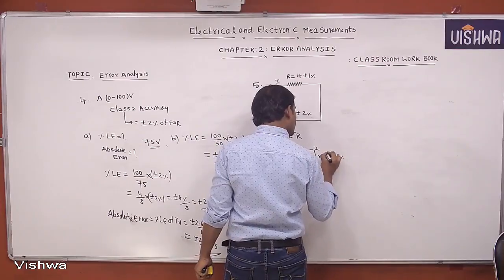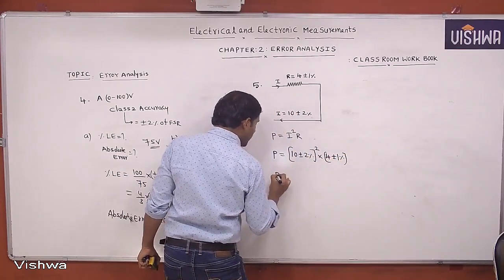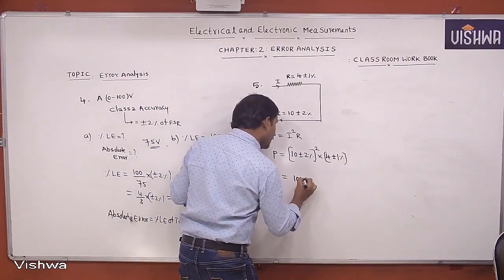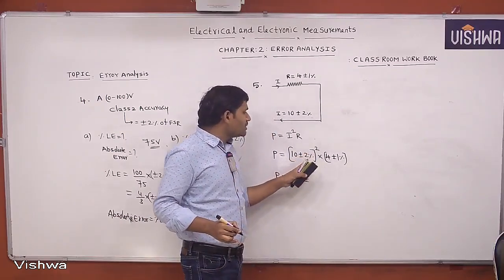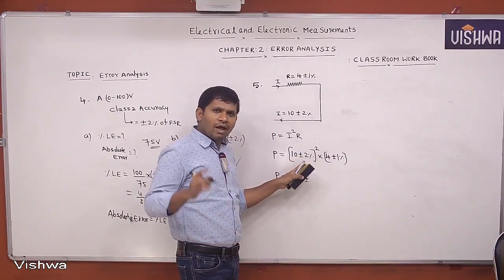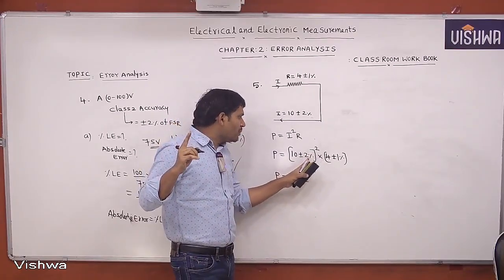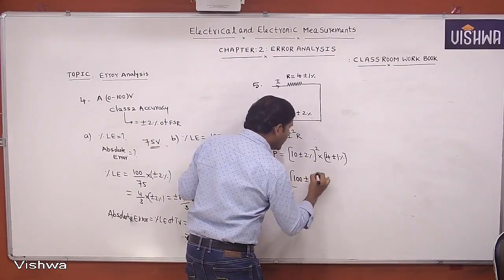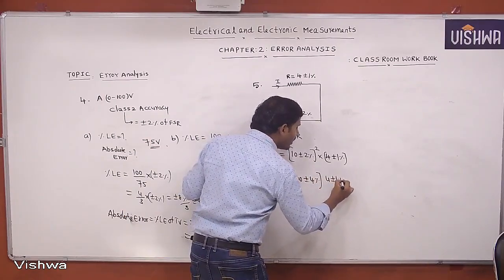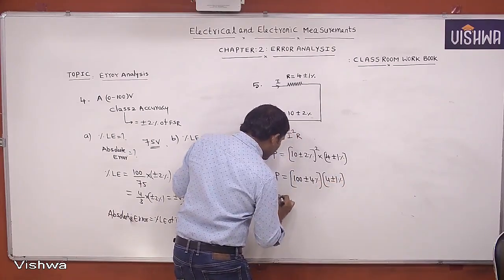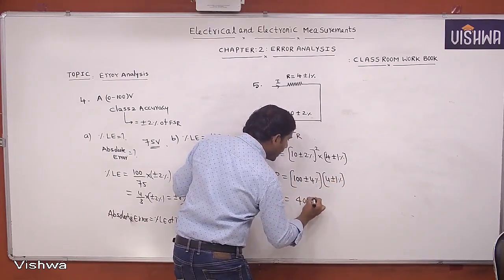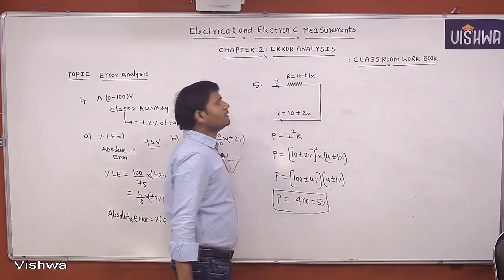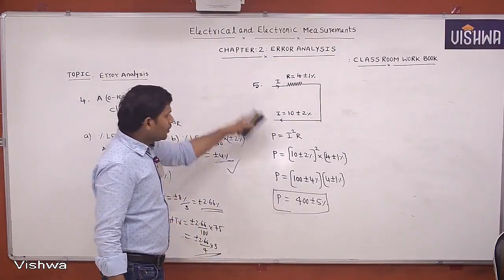Simplify: 10 square means 100, plus or minus 4%, since the square becomes a multiplying factor for limiting error, I gave this already in the concept. Times 4 plus or minus 1%. You get 400 plus or minus 5%. This is the power dissipated by the resistance. Clear? Quick, note down.